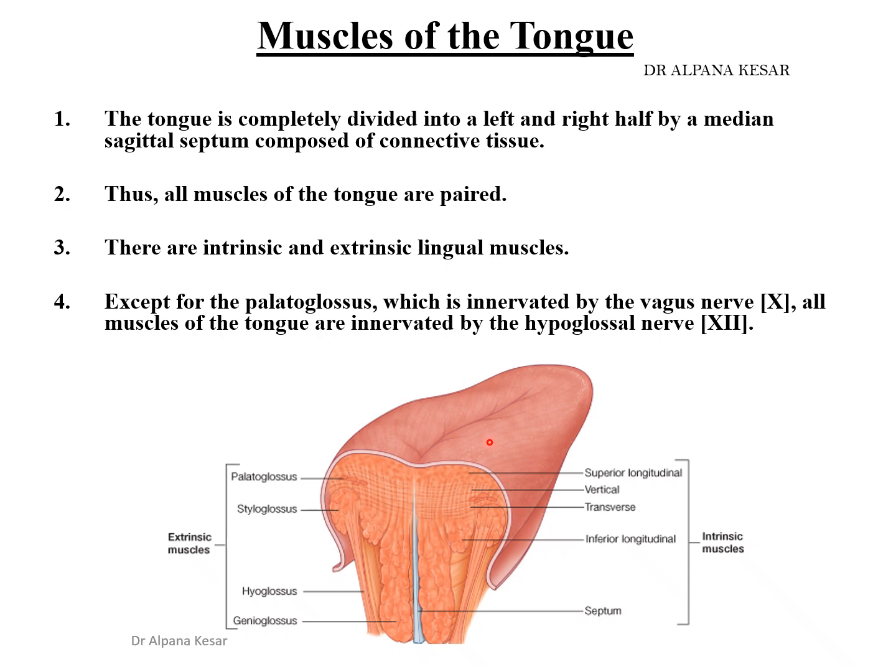They help in bringing about movement of the tongue. All the muscles of the tongue are innervated by hypoglossal nerve, except for palatoglossus, which is innervated by vagus or the 10th cranial nerve.